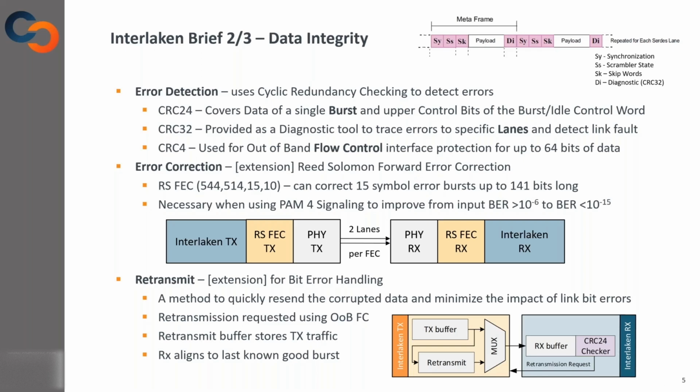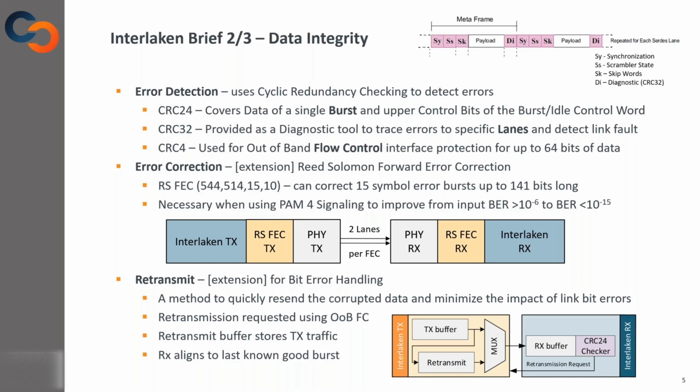It aggregates data from 2 Interlaken lanes into a single FEC instance to calculate the parity, and also correct on the other end from a pair of lanes. So when using the FEC, you have to deal with a multiple of 2 number of lanes.